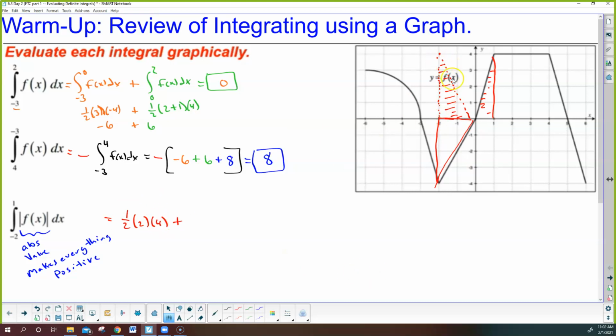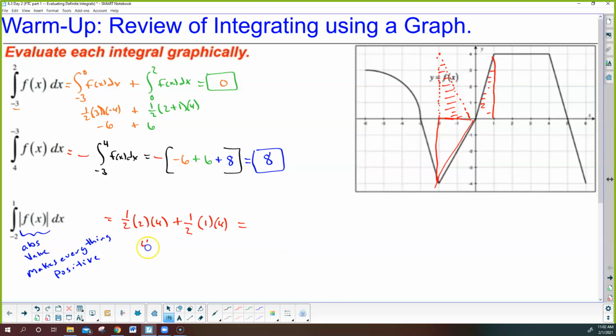That's the first part. That's this triangle that was reflected up. So now it's positive. And then I've got a base of 1 and a height of 4. And then we're going to add those together.